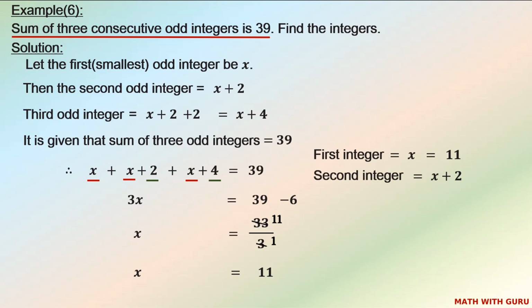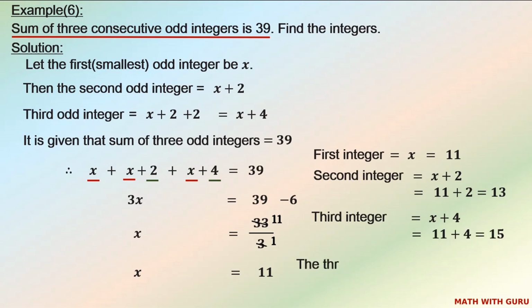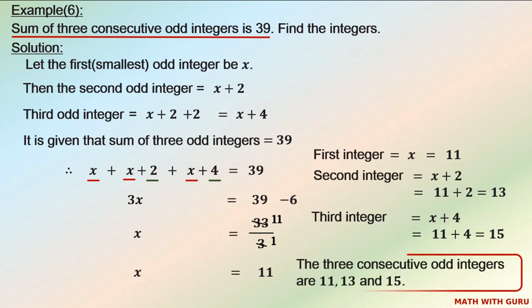Second integer, x plus 2, equals 11 plus 2, equals 13. Third integer, x plus 4, 11 plus 4 equals 15. The three consecutive odd integers are 11, 13 and 15.